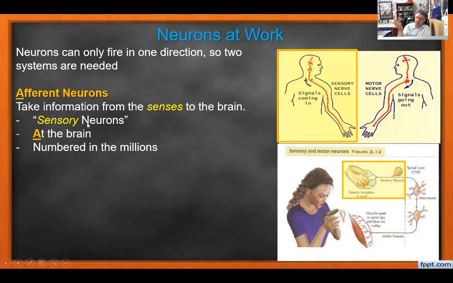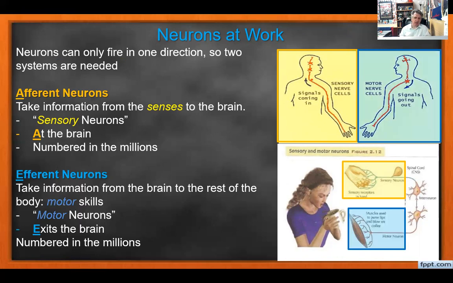When I pick up this pencil and I can feel this pencil, it's a sensory neuron. When I can see this PowerPoint here going into my eyeballs, I am sensing the colors and everything else. It's a sensory neuron. Hearing my voice and it goes into my ear and processing with it, those are sensory neurons that are taking that information in. And it numbers in the millions.